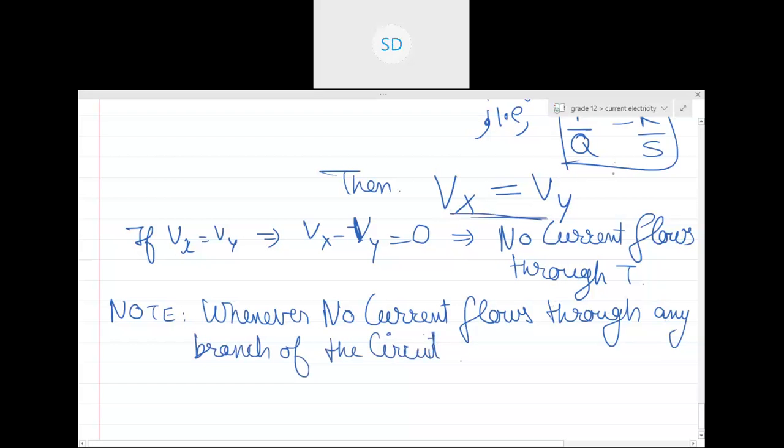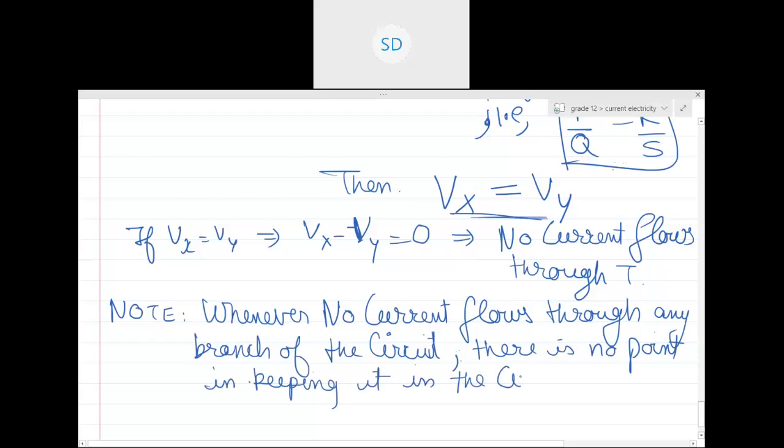Okay. So whenever no current flows through any branch of the circuit, there is no point of keeping it. Throw that branch out.